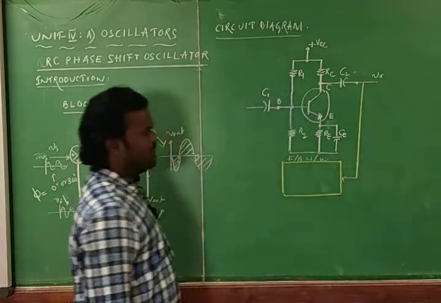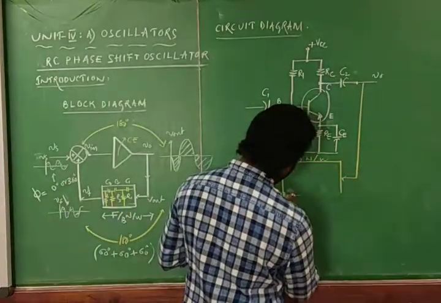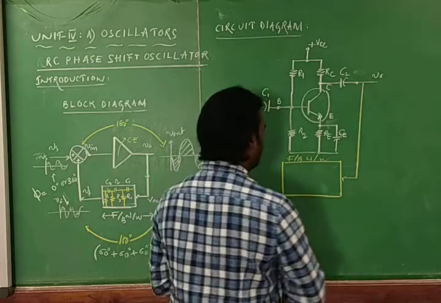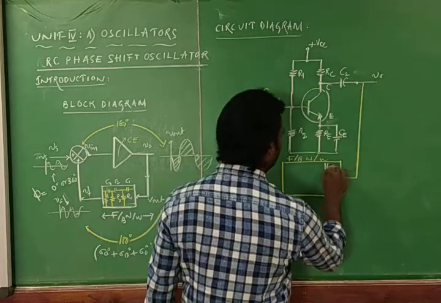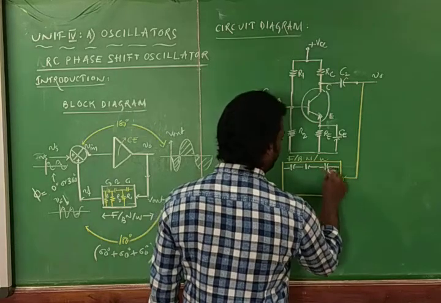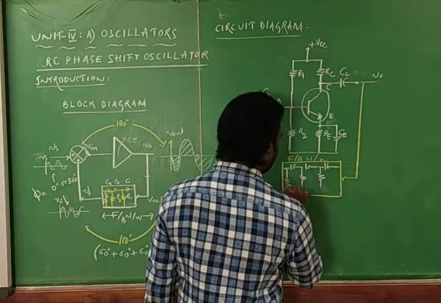This is the feedback network, and it has 3 resistors and 3 capacitors. I can draw that one. So here 3 capacitors are there: C1, C2 and C3, and 3 resistors also: R1, R2 and R3.